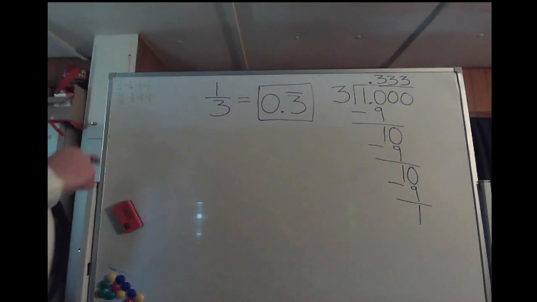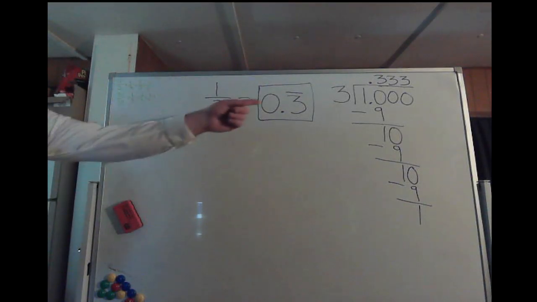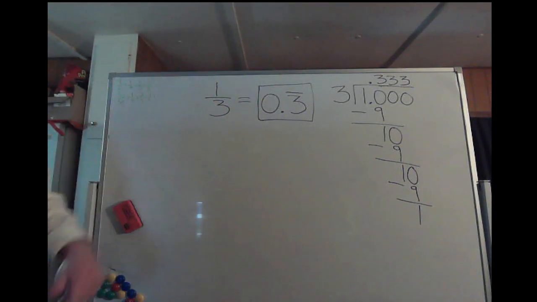A number that doesn't stop, it keeps going, is called non-terminating, because if it terminates, it stops. Non-terminating means it doesn't stop. And it's a repeating number also, which means that 3 keeps repeating all the way to infinity. That's what that bar is for.